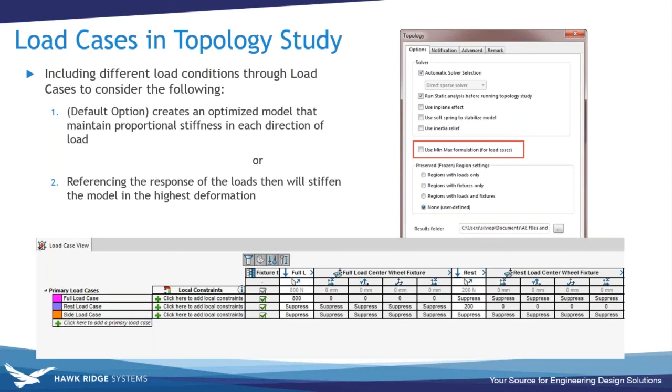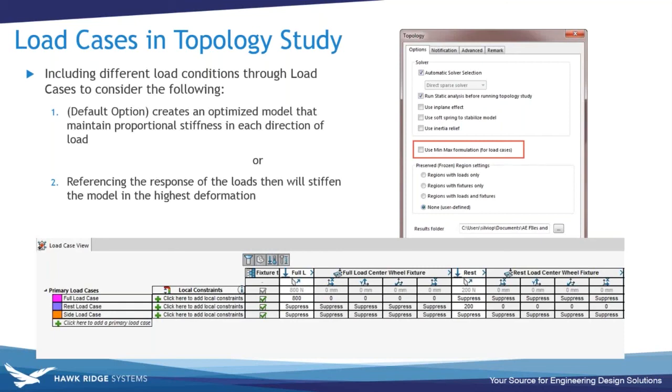So we can say that out of those different load conditions, one condition gave us the largest deformation or is deforming the most. With this option on, it will increase the stiffness in that direction itself. So you can either have it be proportionally distributed throughout the entire model in any direction of the loads, or you can say stiffen up the model in the highest deformation that it sees within the analysis.